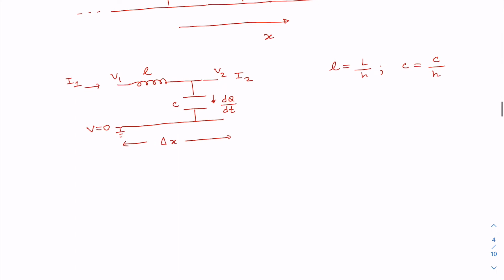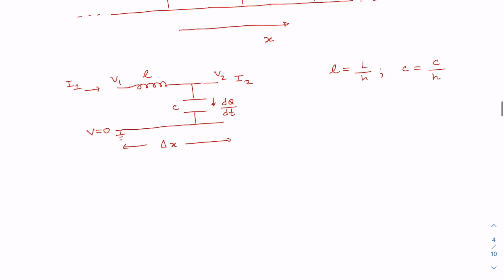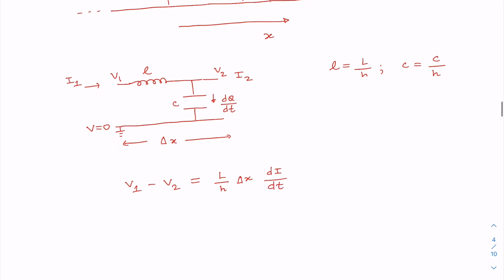So in that case, the potential difference across the inductor would be V1 minus V2. That would be equal to L per unit length times the length delta x, so this is the total inductance, so L di/dt we know. This is the voltage difference, let's say this is equation number 1.